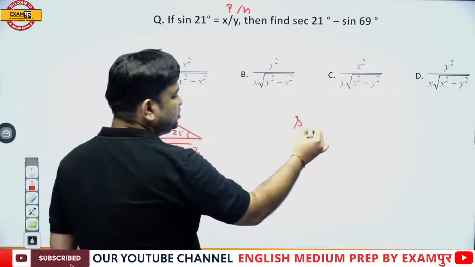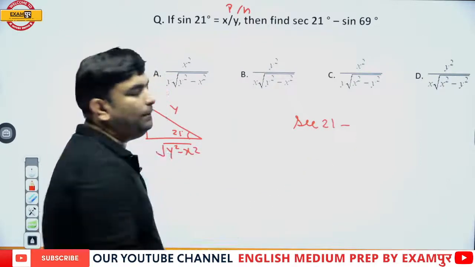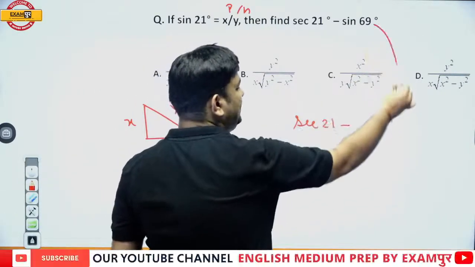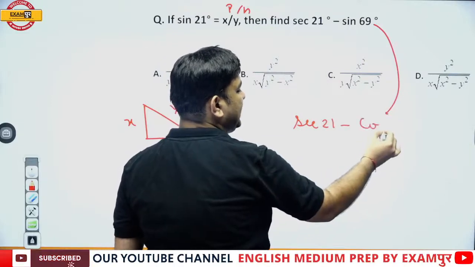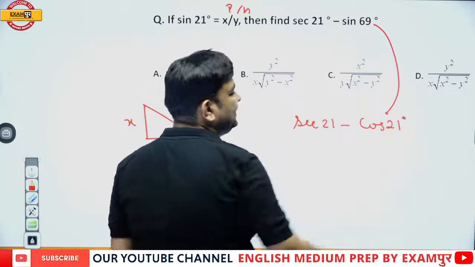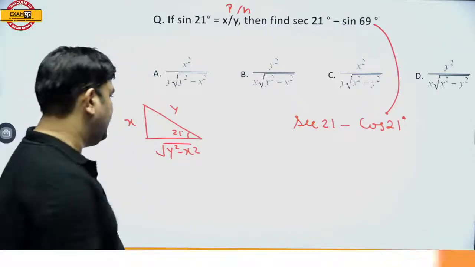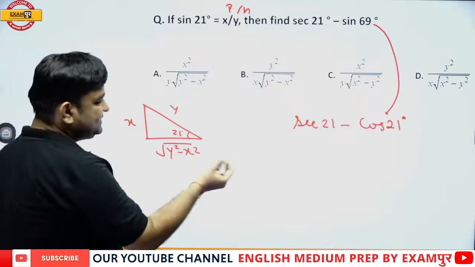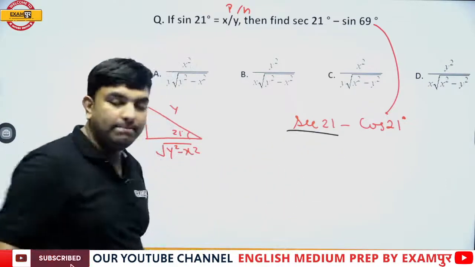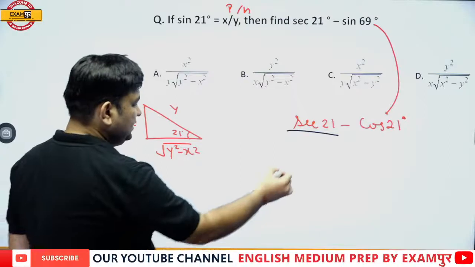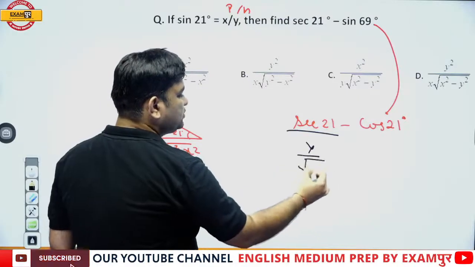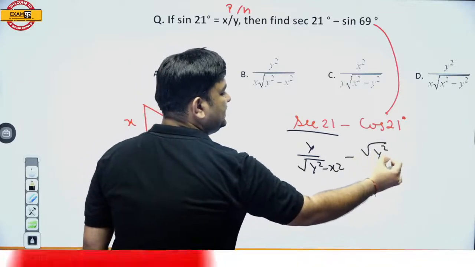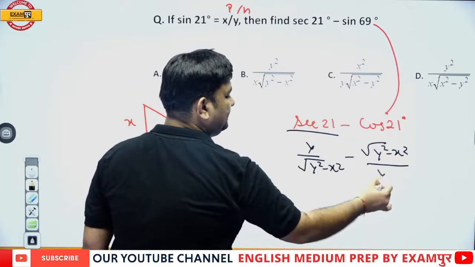So base is under root of y square minus x square. Now this is sec 21, and we are using the complementary pair as well. The complementary pair of sine is cos, so sine 69 is equal to cos 21. Sec is hypotenuse upon base, y upon under root of y square minus x square, and cos is just the inverse of it, under root of y square minus x square over y.